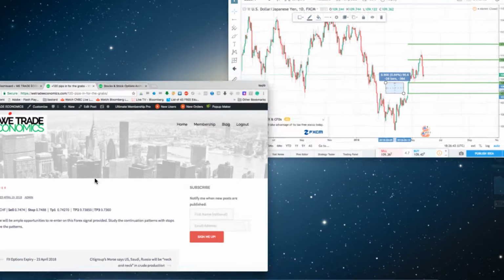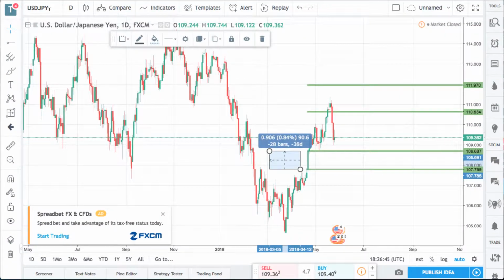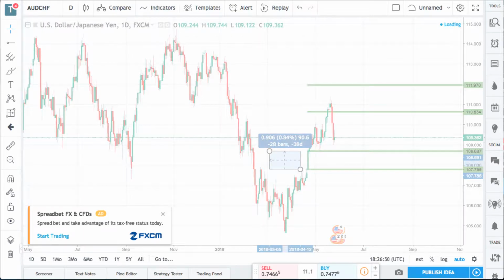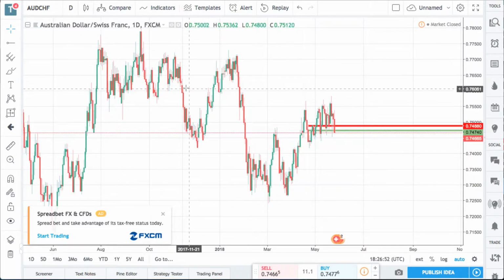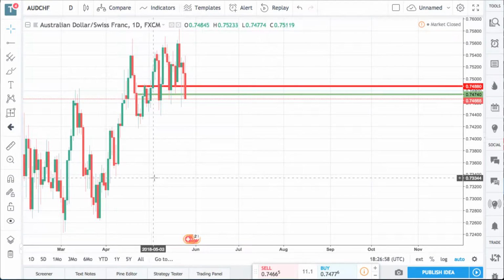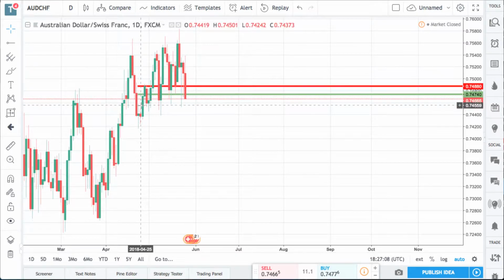So, Aussie Swiss, CHF. The signal was provided on the 23rd of April, right about here, and the entry point was from here further on.